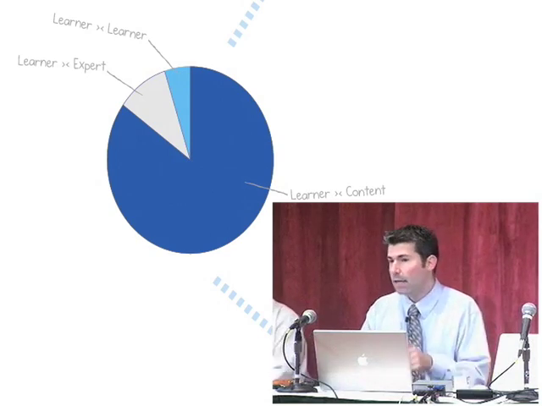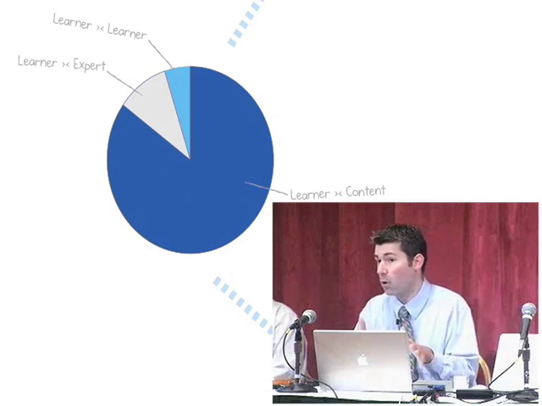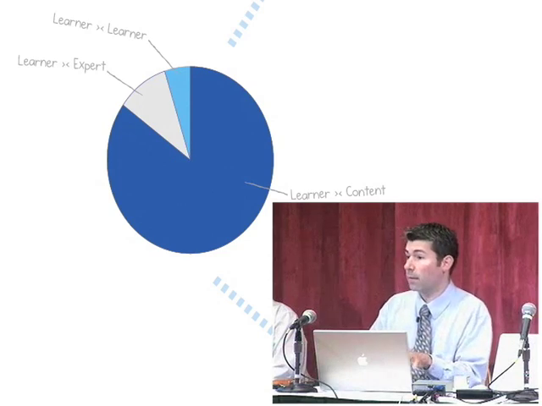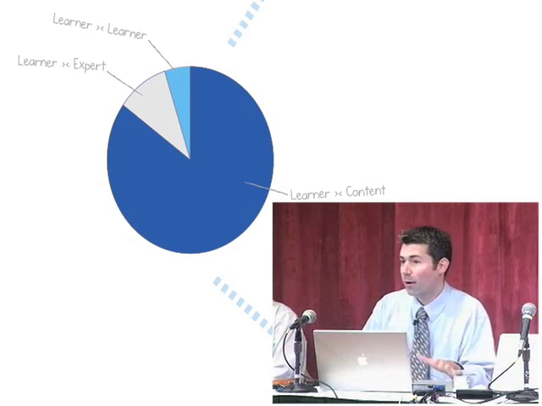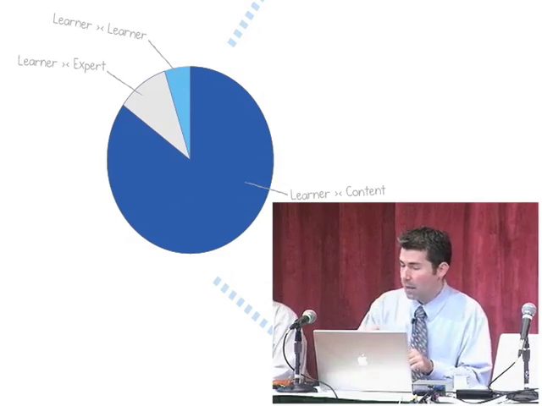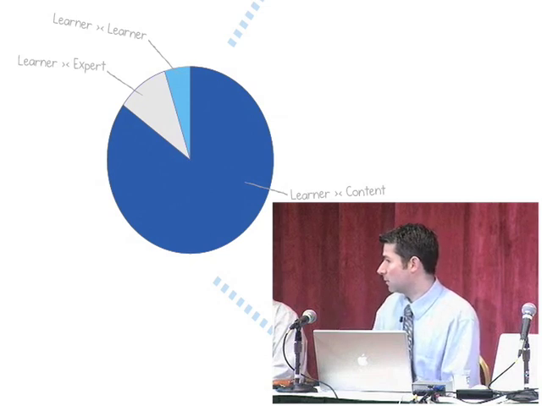And the piece of that that's a little bit disconcerting, and why I want to really take a moment before I suggest some ways to go about developing mobile learning to maybe throw out a caution to everybody who's thinking about it, is that the two that have the smallest piece of this pie are the social elements.